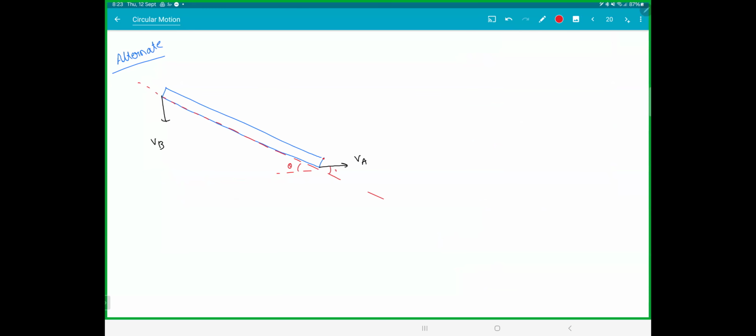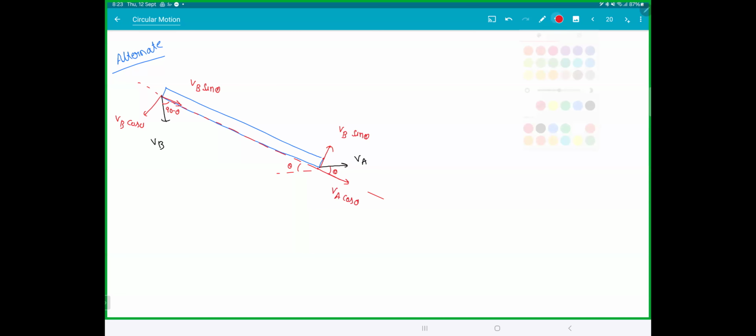This is theta. This is theta. This is 90 minus theta. So this component will be VB sine theta, and this will be VB cos theta. This would be VB sine theta, and this is VA cos theta.